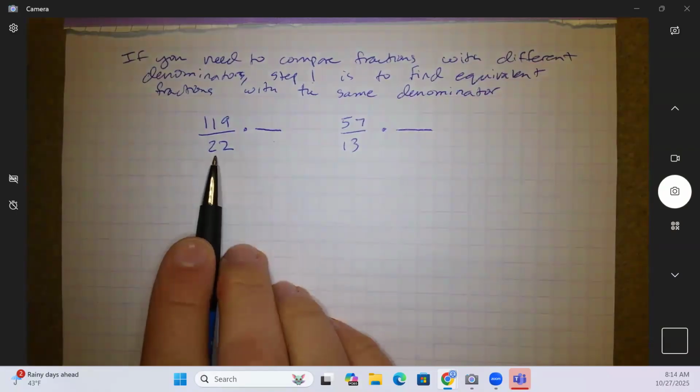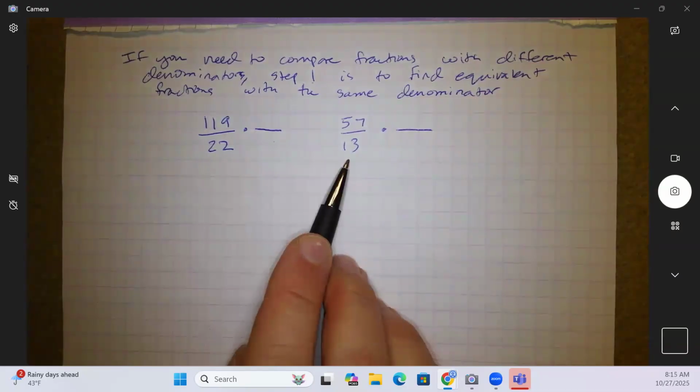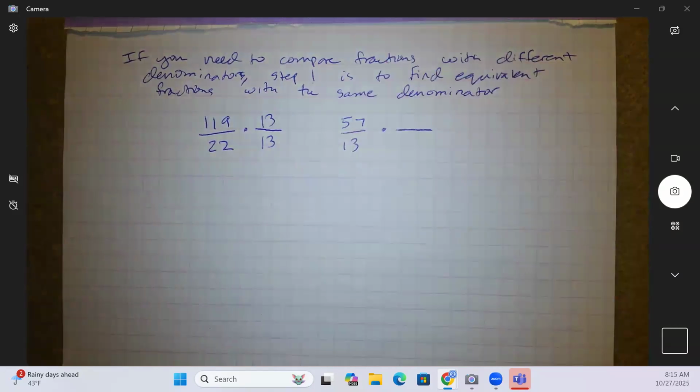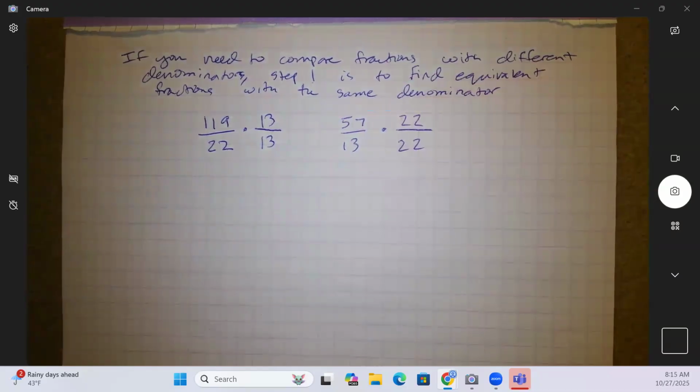I've got a 22 in the denominator. I'm missing a 13, so I multiply by 13 over 13. And the 57 over 13 is missing a 22, so I multiply by 22 over 22.